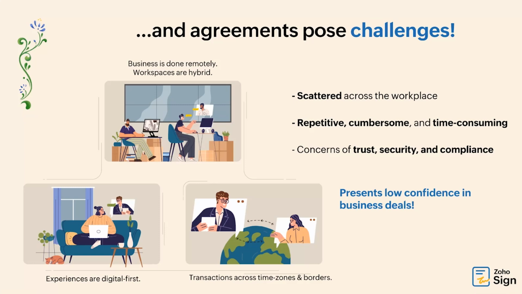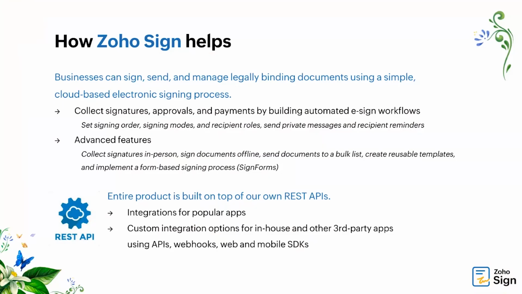And that's where Zoho Sign comes in. Zoho Sign aims to address all these challenges simultaneously, providing a comprehensive solution to streamline the agreement process. Zoho Sign is your go-to digital signature software designed to tackle the complexities of modern agreements head-on.